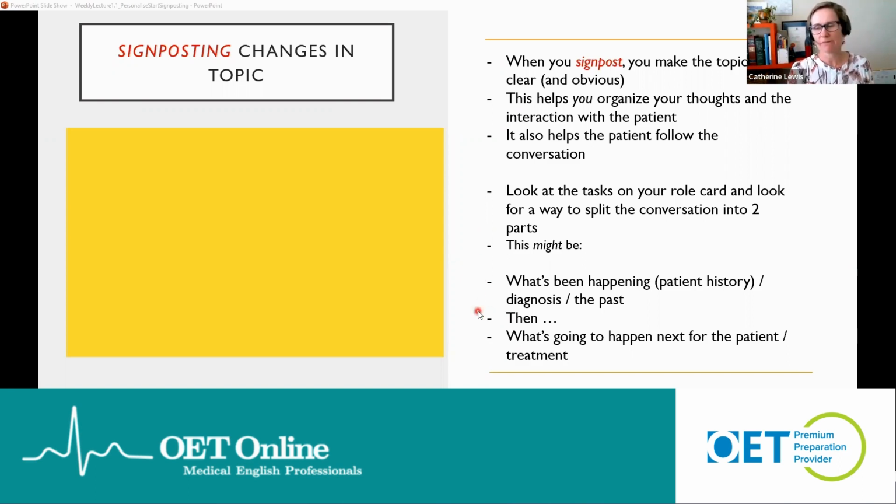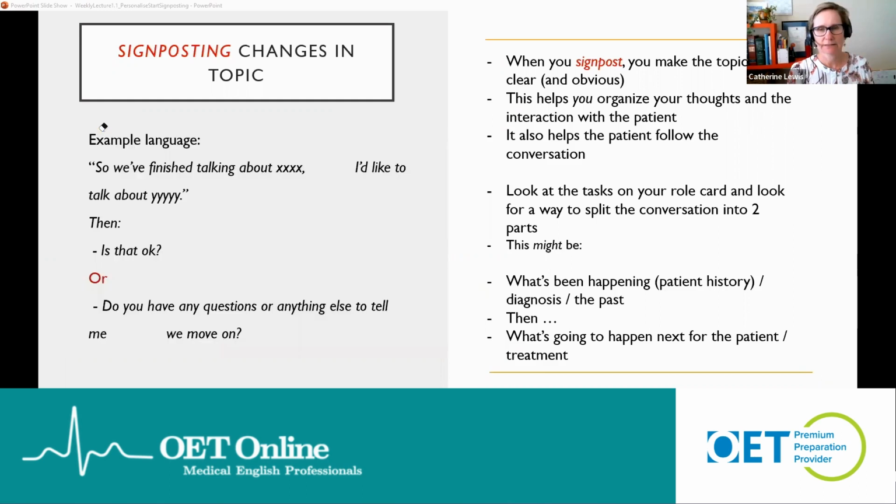So we're gathering information, and then we might give some treatment or advice after that. So we could split the role play into two halves, if you like. How do we do that? What kind of language do we need to use here?